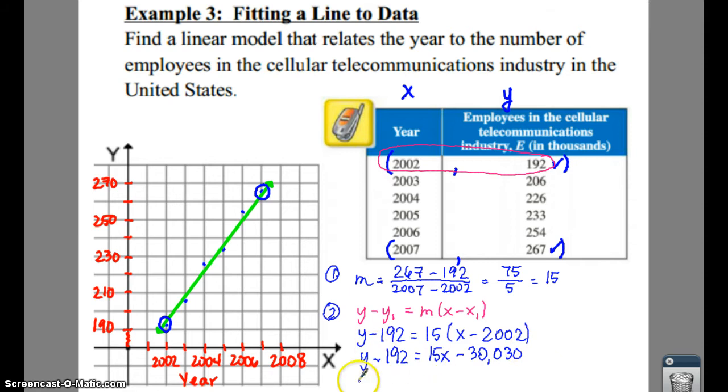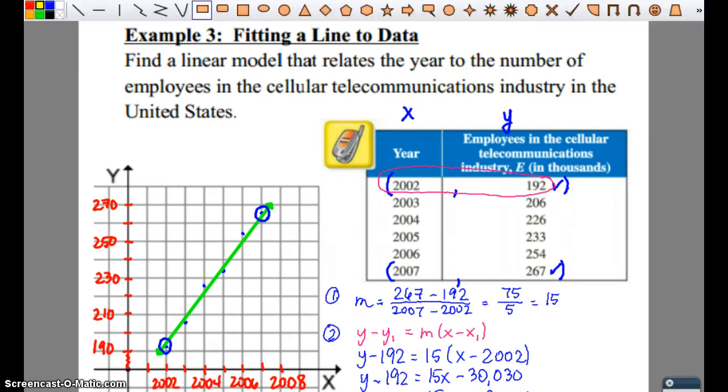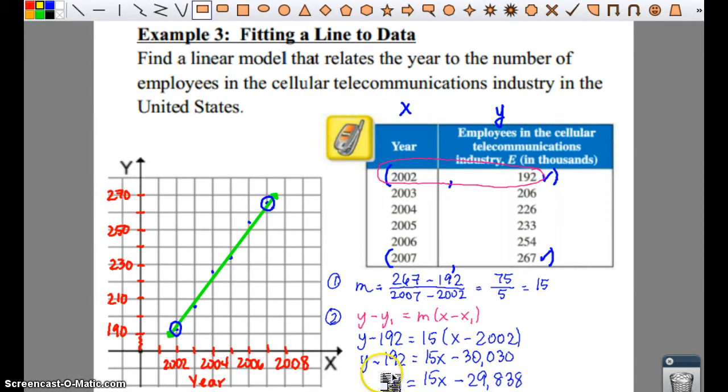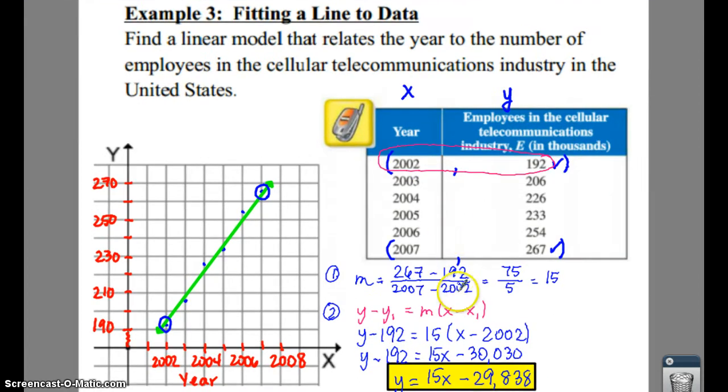If you add your 192 to both sides, you get the equation y equals 15x minus 29,838. So this is the equation that represents your line of fit. We'll draw a little box around our answer. There's your equation.